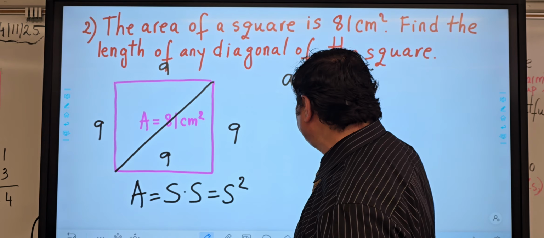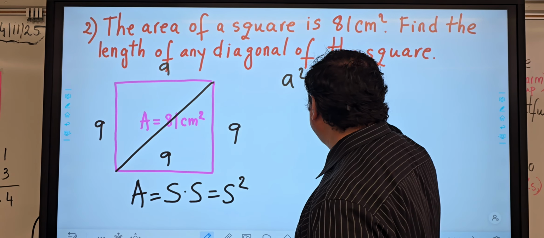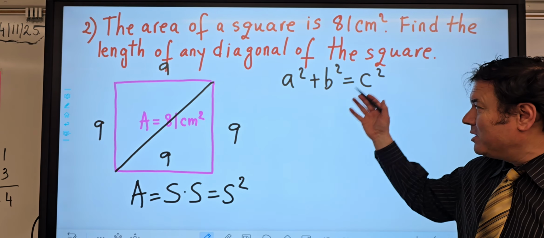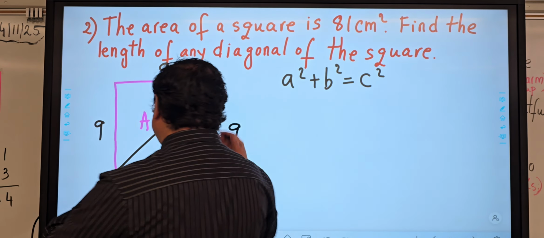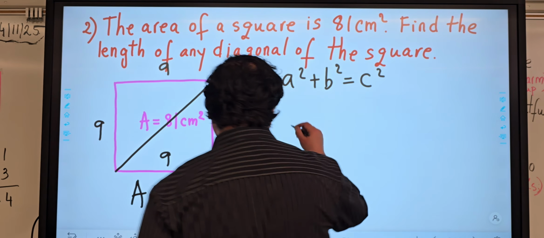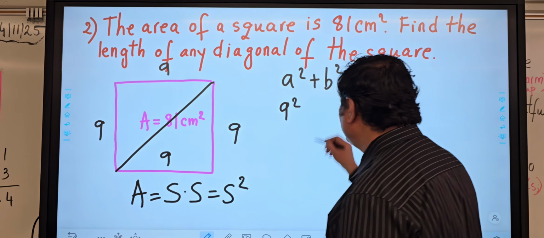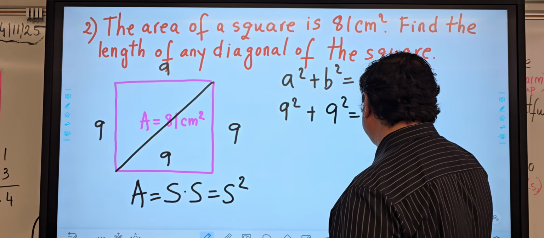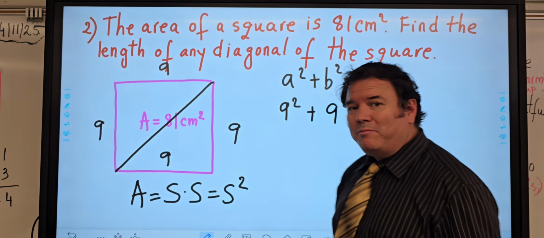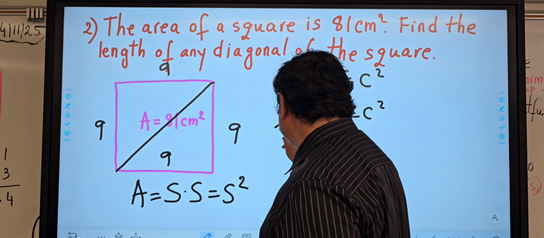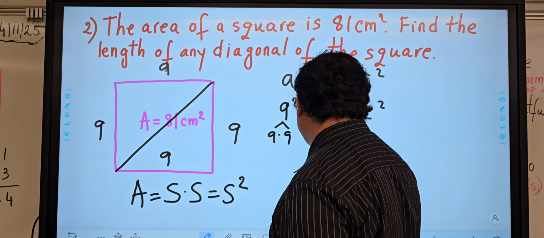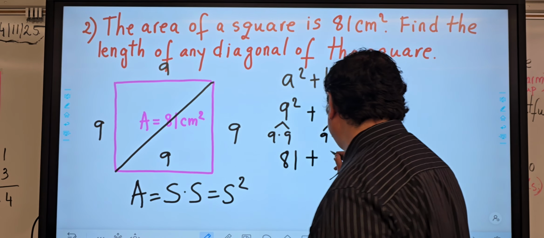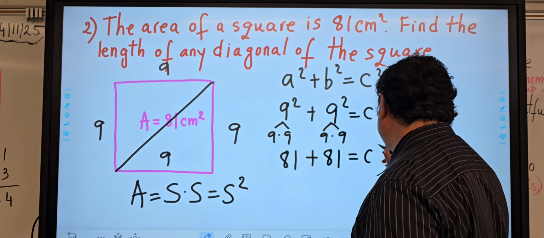Remember, a squared plus b squared equals c squared, the famous theorem. Okay, so now a and b are the same, right? So this is 9 squared plus another 9 squared equals c squared. Okay? 9 squared means 9 times 9, right? 9 times 9, and here again 9 times 9, this is 81, plus another 81 equals c squared.